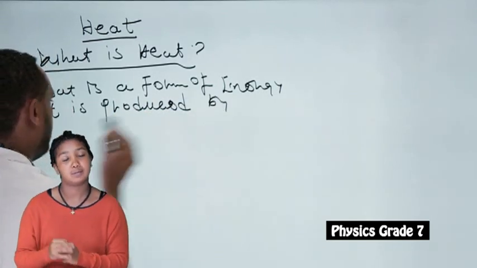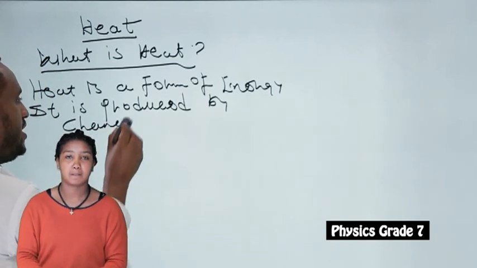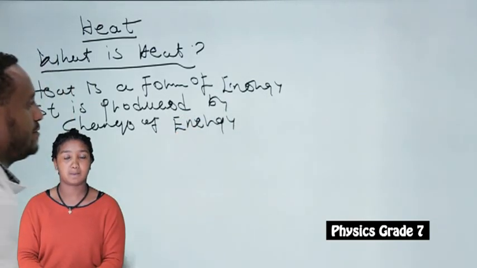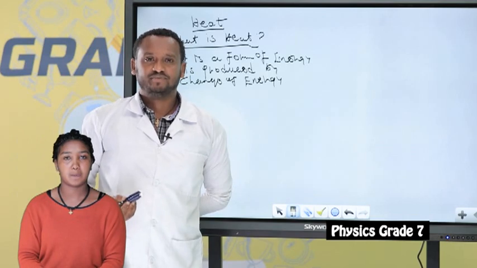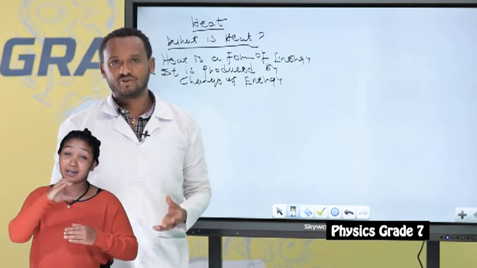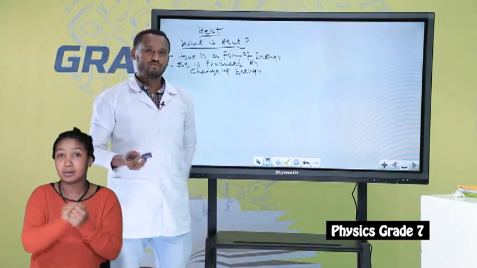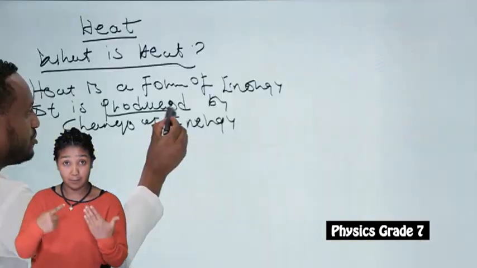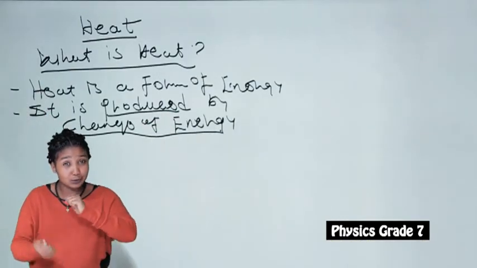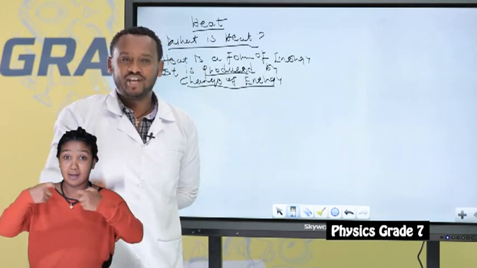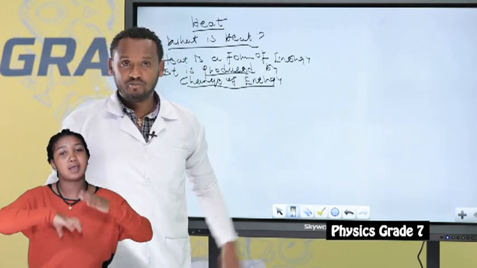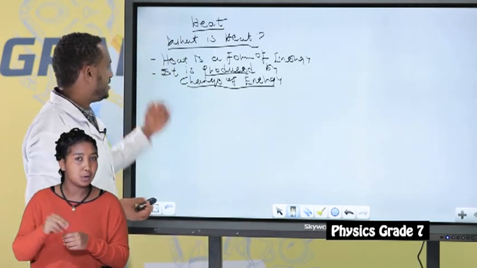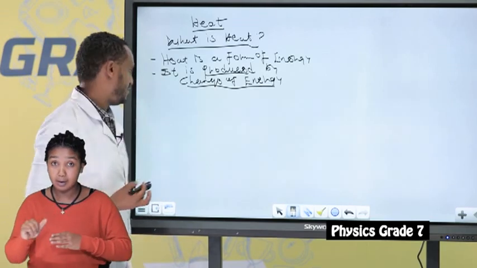You know that energy is neither created nor destroyed, but it can be transferred from one form of energy to another form of energy. For example, electrical energy can be changed into heat energy by using material like iron, gold, copper, etc. So heat is produced by change of energy.